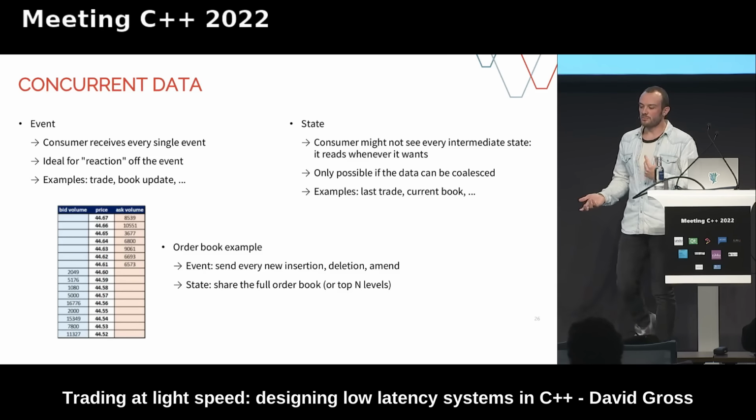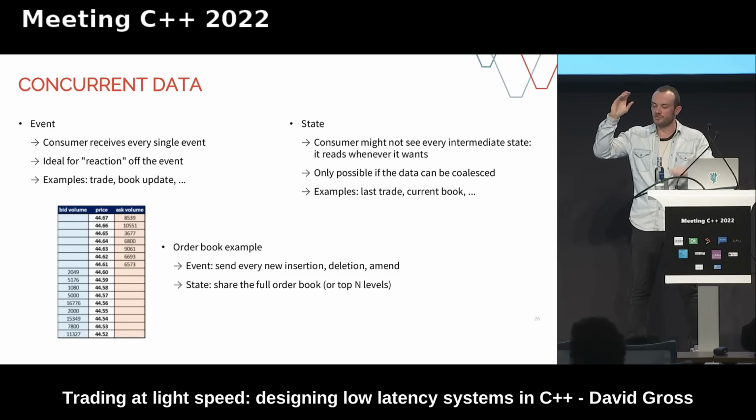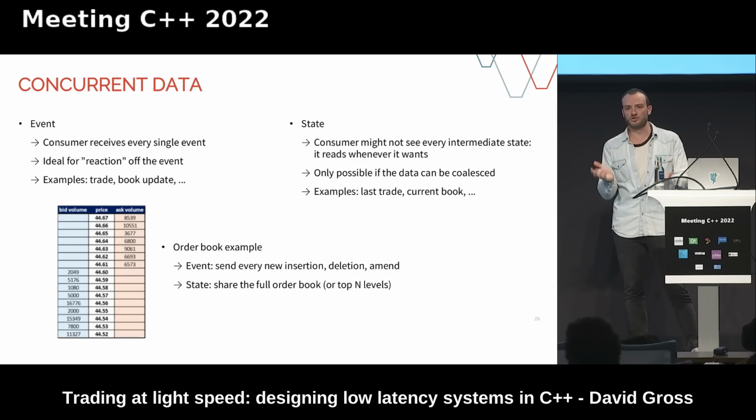Back to what we were saying about events and states. What we want to send between these applications is, for example, this order book. So think about an order book as a few prices that we want to buy or sell, and you have that per instrument. We want to share this. We have two ways in our system to share this data. The first one is to send an event.